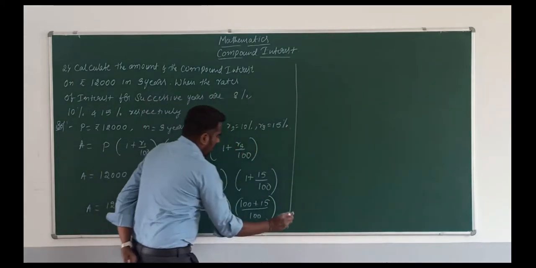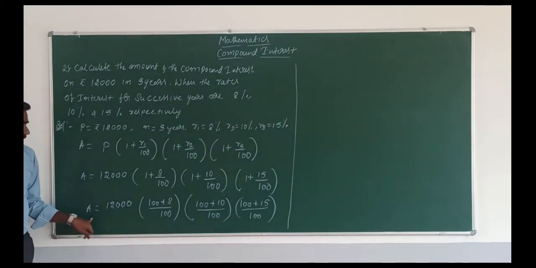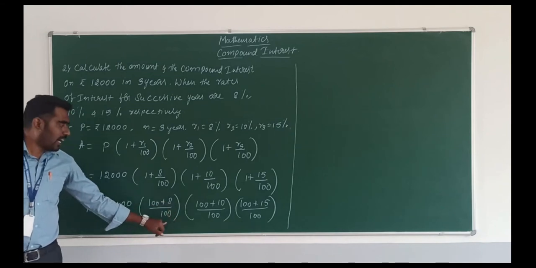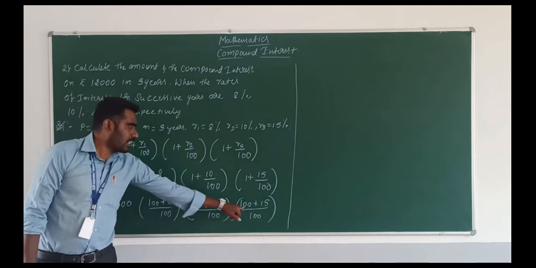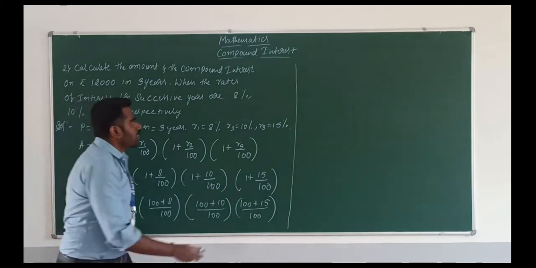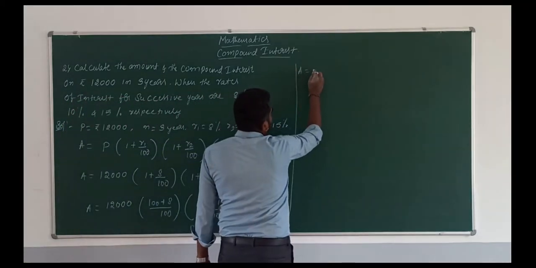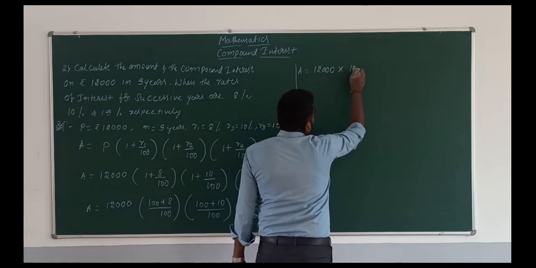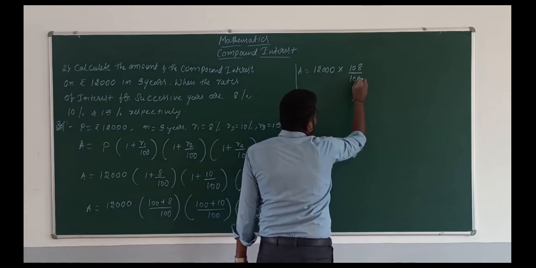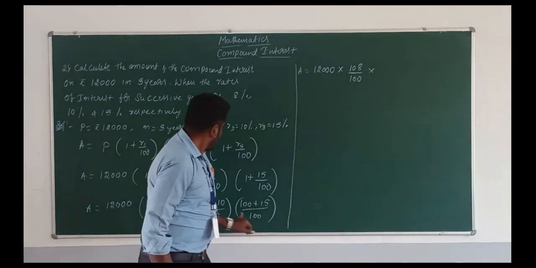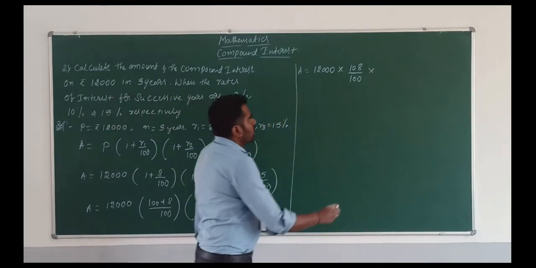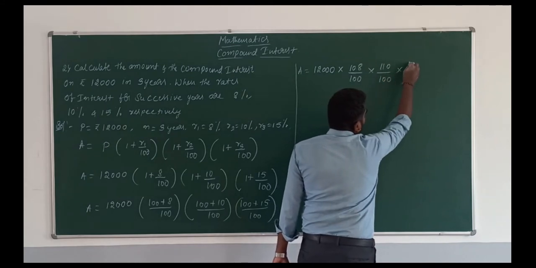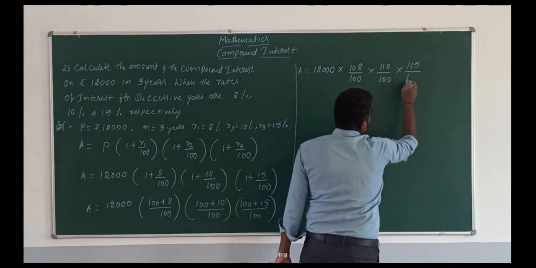Now see, A is equal to 12,000 into 100 plus 8 is 108 by 100, similarly 100 plus 10 is 110 by 100, into 115 by 100.